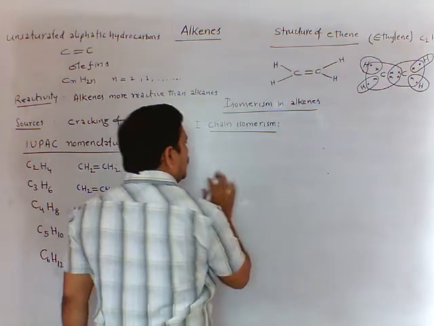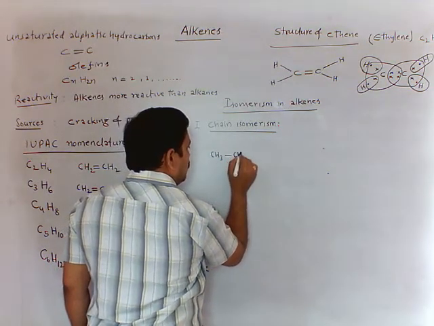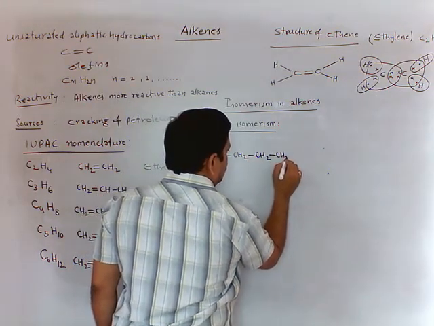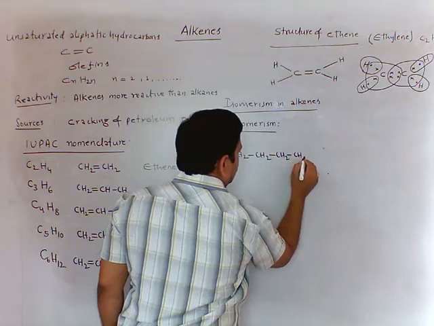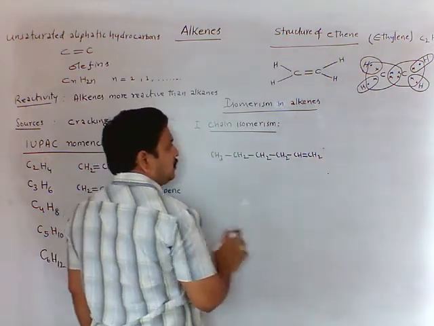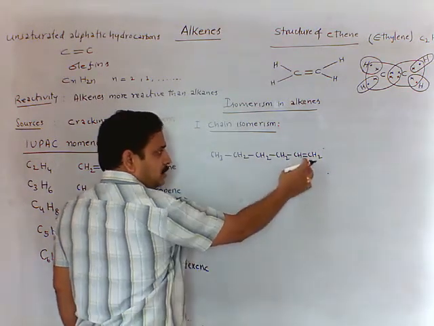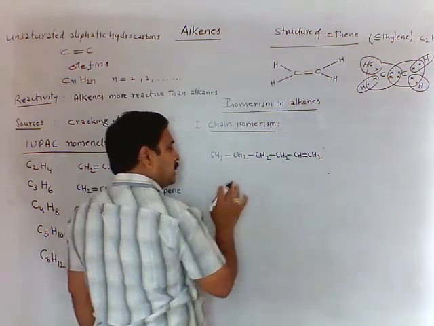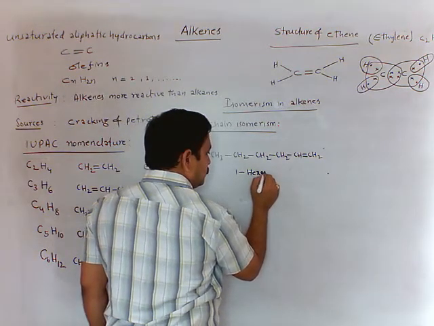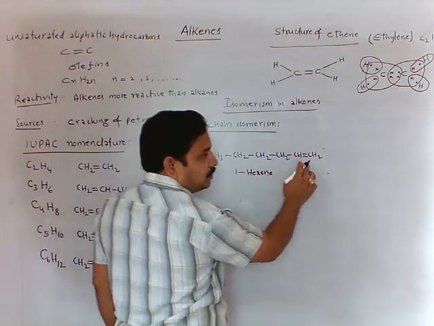Now I am taking one example, CH3, CH2, CH2, CH2, CH double bond CH2. Here this is 1, 2, 3, 4, 5, 6 carbons. At first carbon we have double bond. That's why it is 1-hexene. That means double bond position at first carbon.